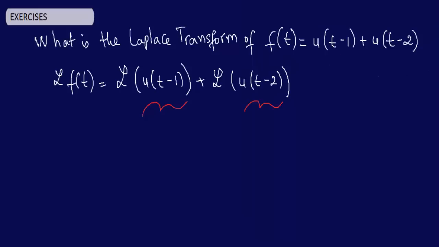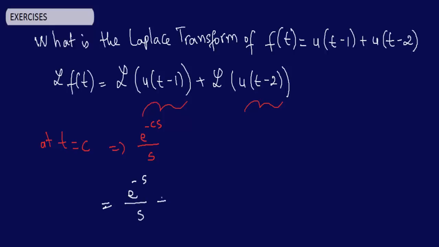So just as a reminder, when you have this at t equals c, we have e to the power minus cs, c is a constant, over s. So applying this formula directly and recognizing that we have c equals 1 in our case here and c equals 2 in our case.